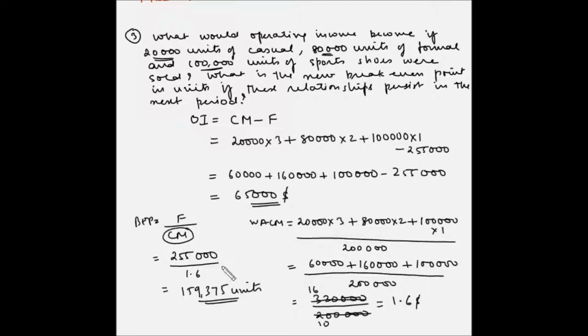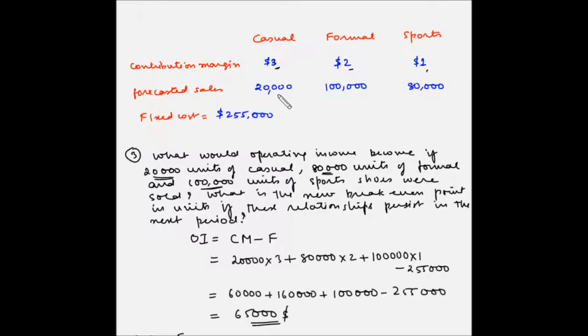Now the break-even point with the original sales mix of 20,000, 100,000 and 80,000 was 150,000 units.